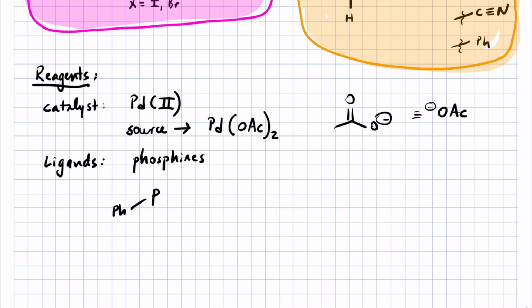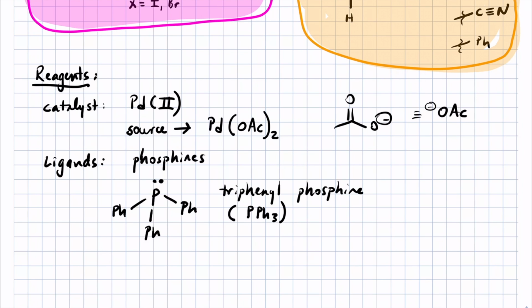Here is an example of a ligand that is used commonly in the Heck reaction. The molecule is called triphenylphosphine, and it binds to or chelates the metal and enhances or changes its electronic properties. We'll abbreviate this molecule for the most part as P for phosphorus and then PPh3 for triphenyl.